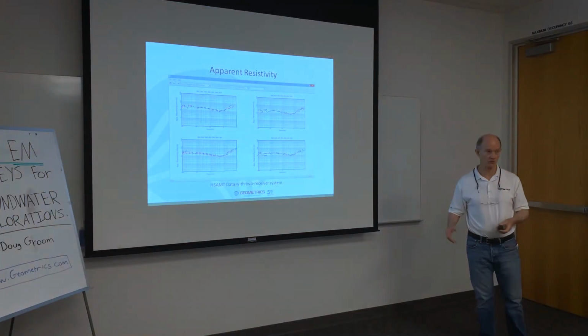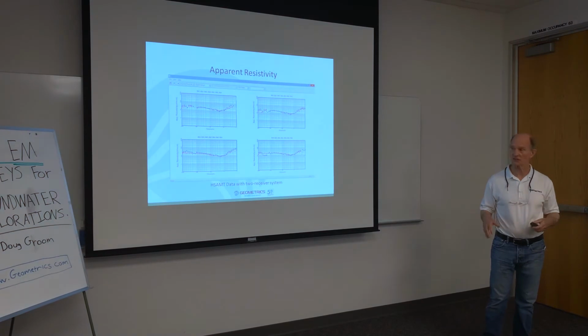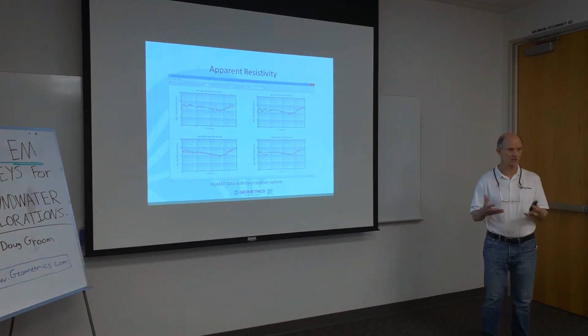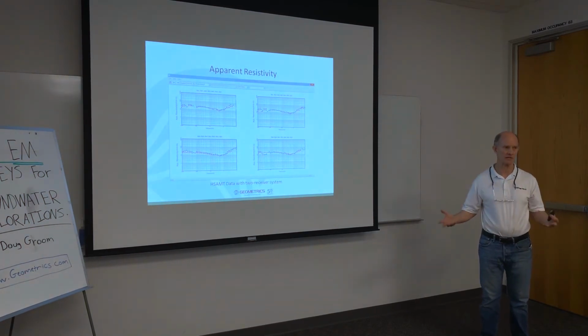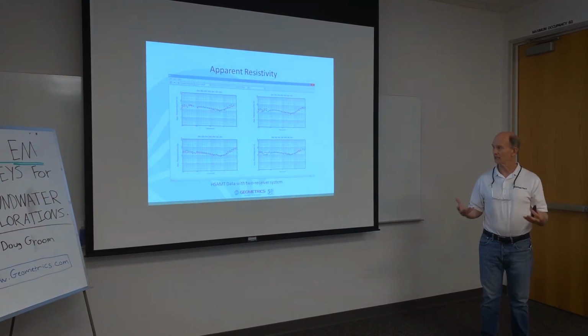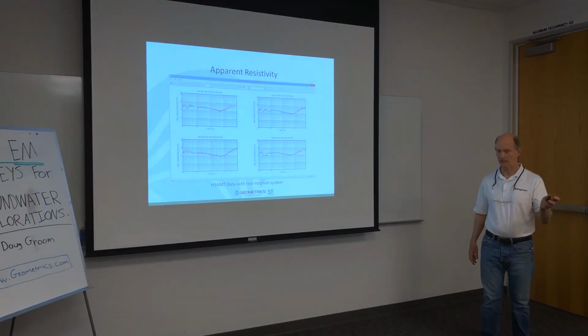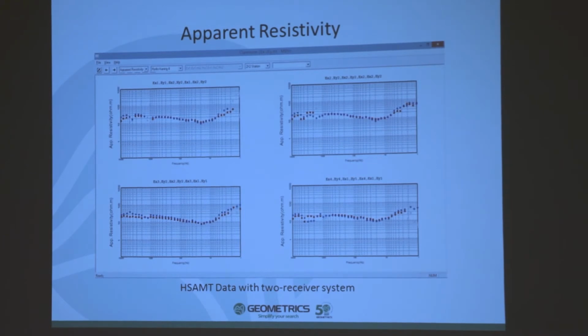And for those of you who are familiar with resistivity surveys, typically you will see an apparent resistivity versus some measurement of depth parameter. In this technique, we use frequency to determine depth. That will be explained in more detail later. And this is an example of 4 soundings that were all done simultaneously.